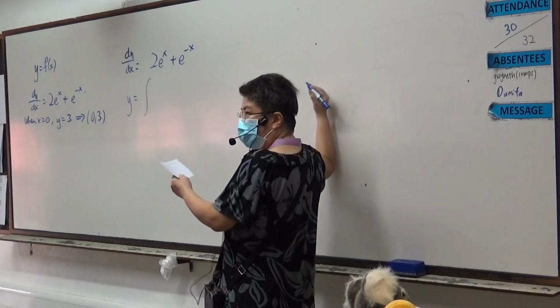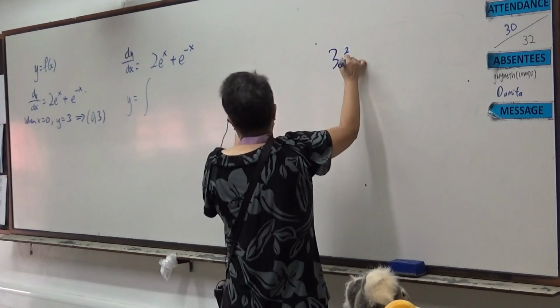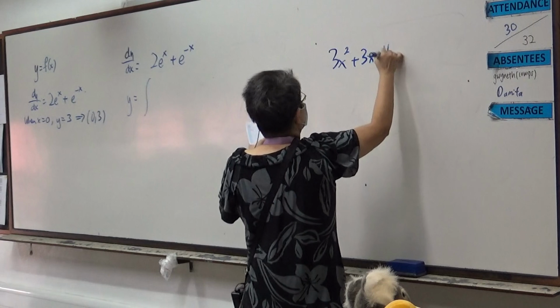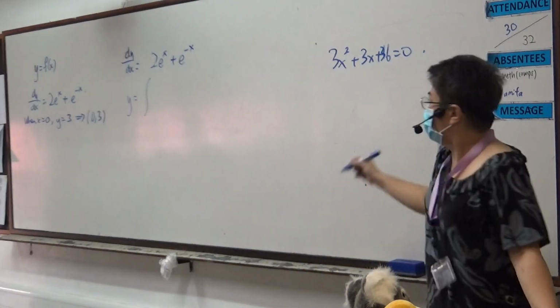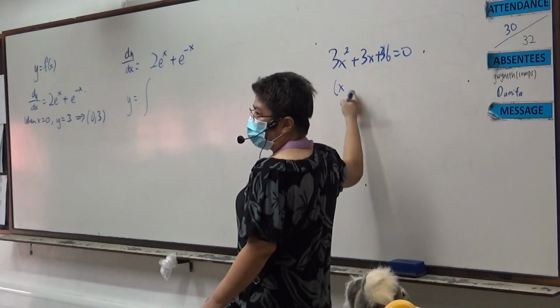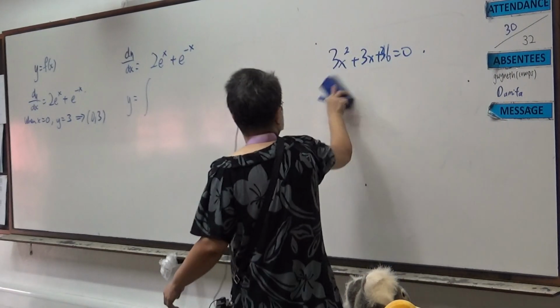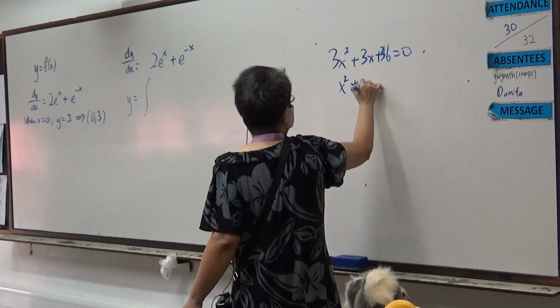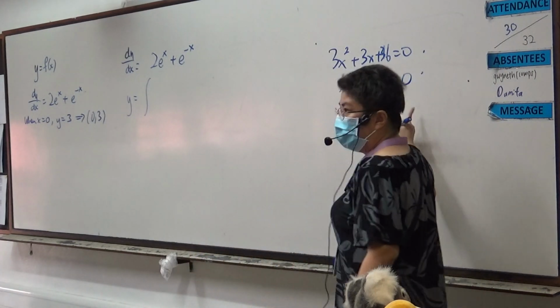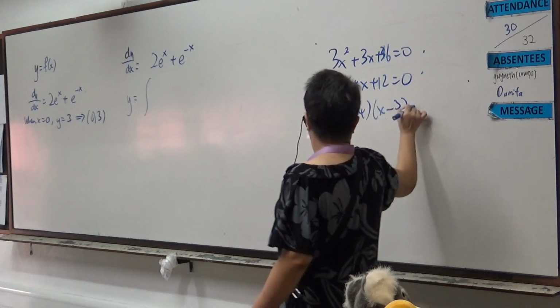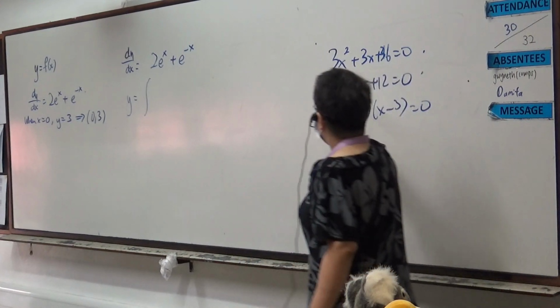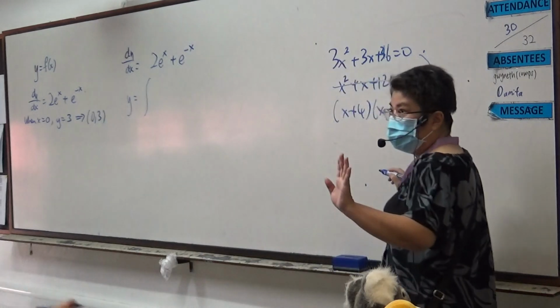If you have this one, 36 equals to 0, you cannot straight away put x. You must reduce to this first. Then you will have what? (x + 4)(x - 3).